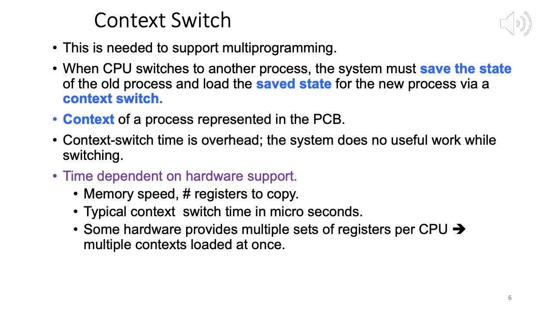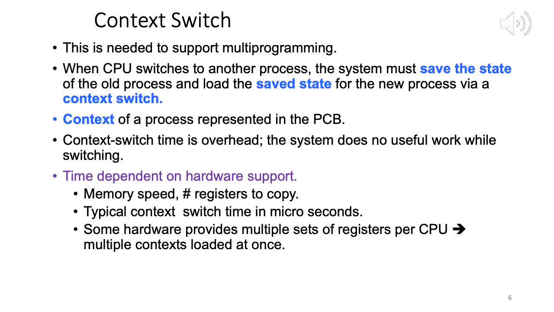When the CPU switches to another process from the currently executing process, we have what we call a context switch. So we are switching from one process to the other, and the system must do two things. It must save the state of the old process, because note that the old process has not terminated yet. It's in the middle of executing. It just reached an IO state.